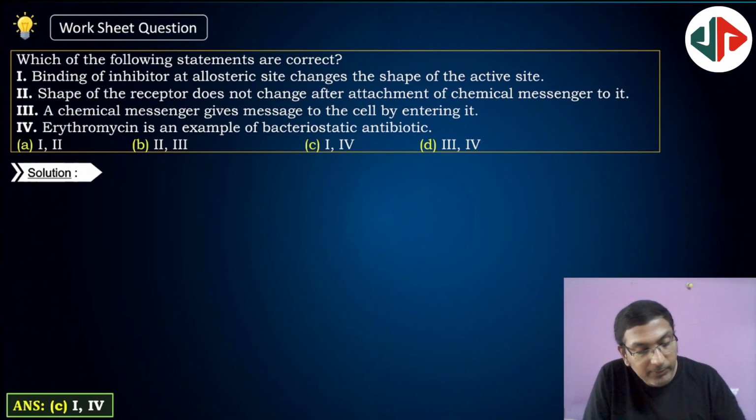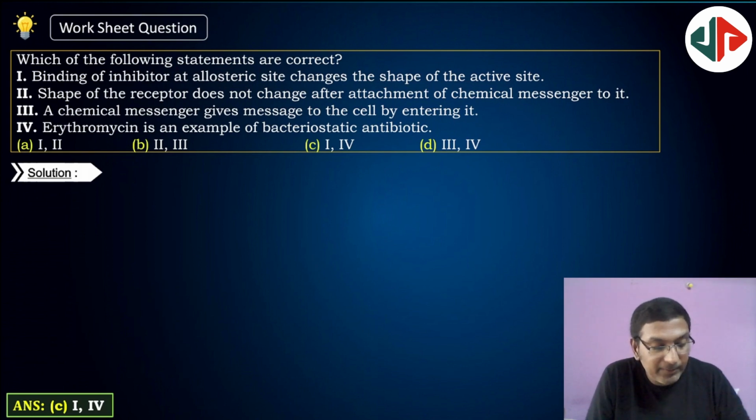So which of the following statements are correct? Binding of inhibitor at allosteric site changes the shape of the active site. That is correct. Next, shape of receptor does not change after attachment of chemical messenger to it. That is incorrect. A chemical messenger gives message to cells by entering it.